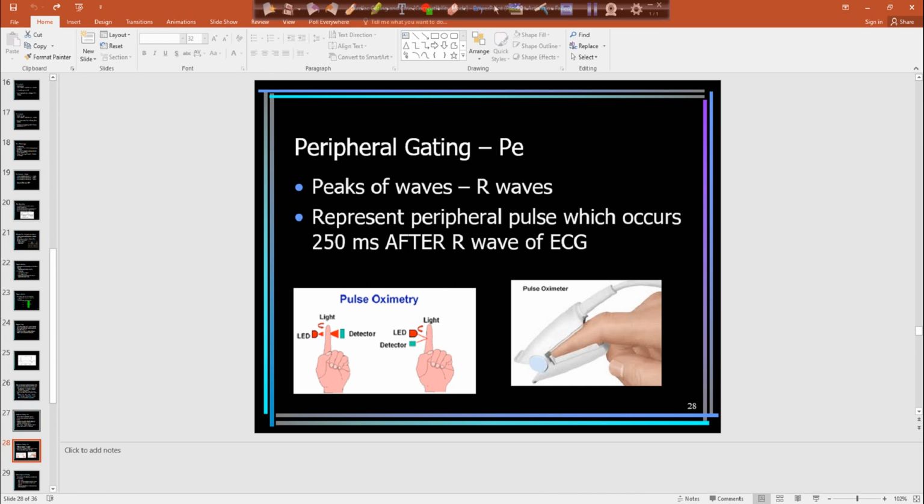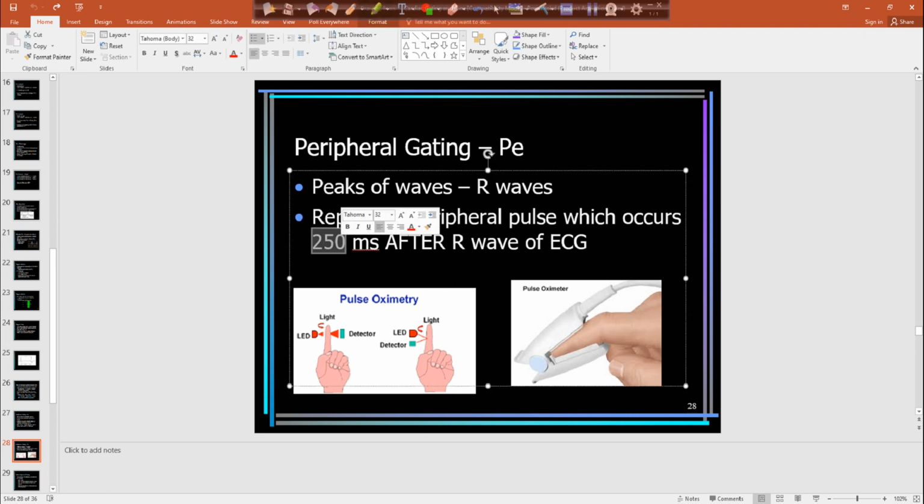You make sure you're using an MRI safe pulse ox. And that R wave, usually there's a delay of 250 because remember, it takes a little bit longer for the blood flow to get from the heart to the capillary bed. So there's a trigger delay typically of 250 milliseconds.